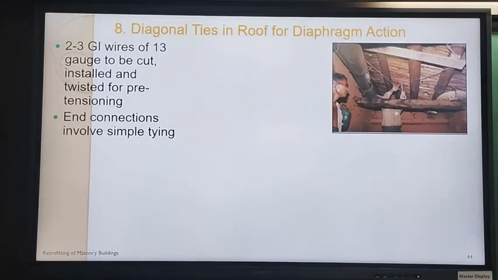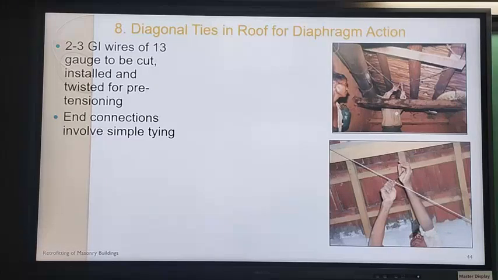Alright, so instead of that, in really deep rural areas, rather than going with timber braces and gusset plates and all that, we have been using galvanized iron wires, 3, 4, 5 wires together, and they're properly stretched and then twisted. Twisting gives good pre-tensioning to it.